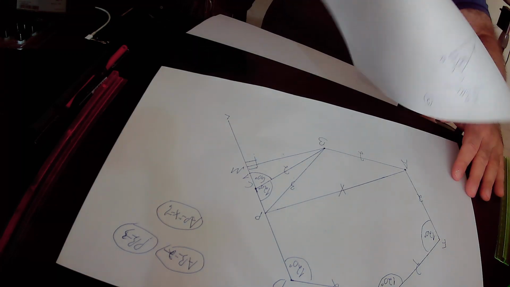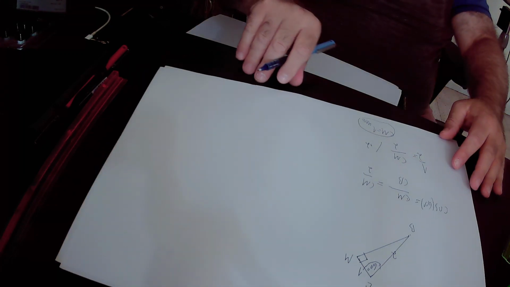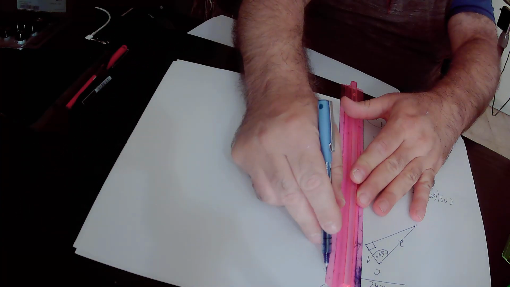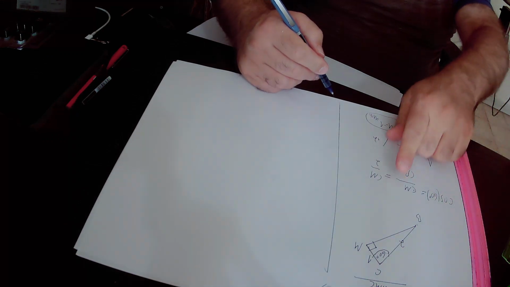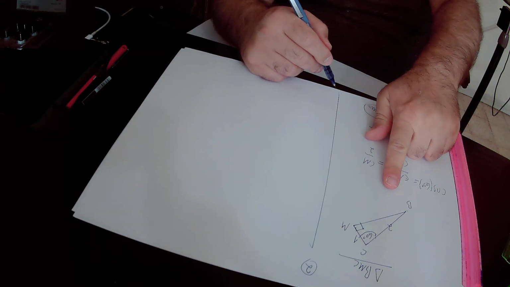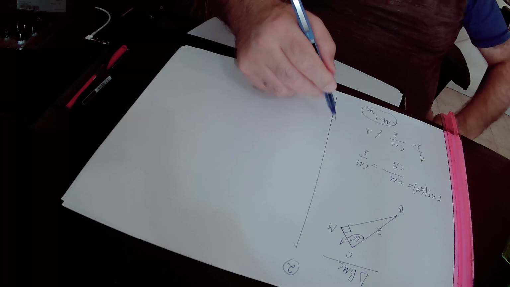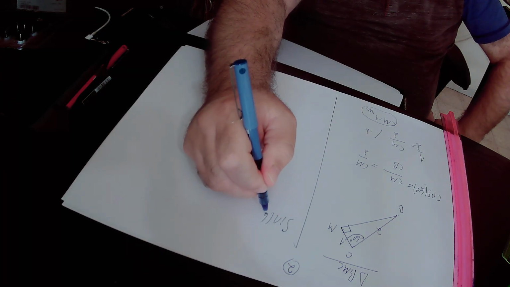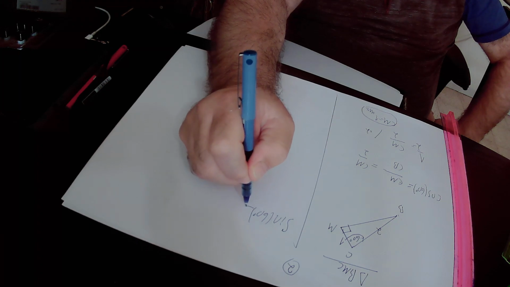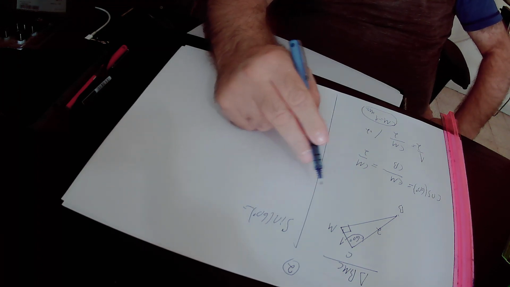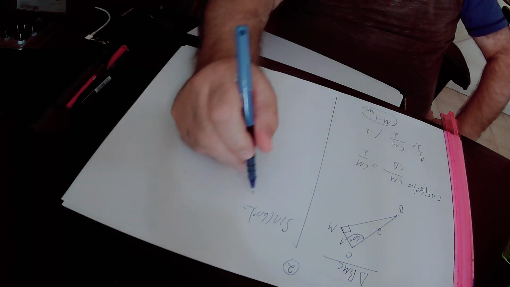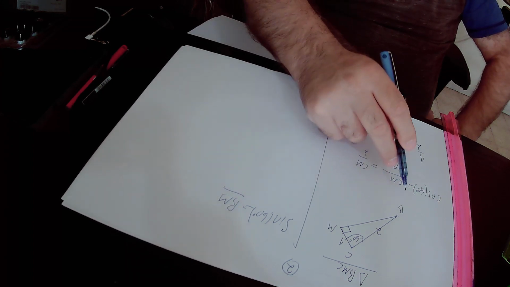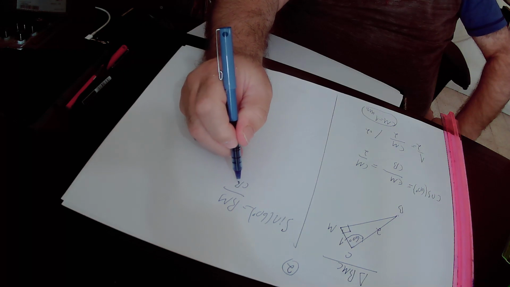Likewise, in triangle BMC, sine of 60 degrees equals BM over CB.